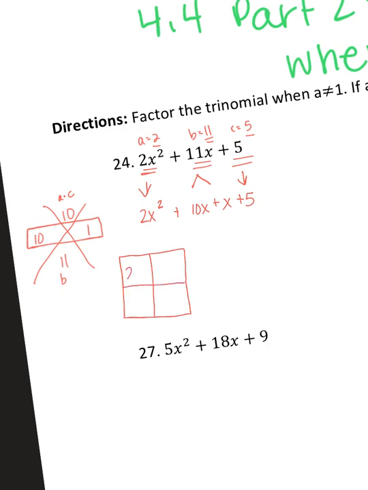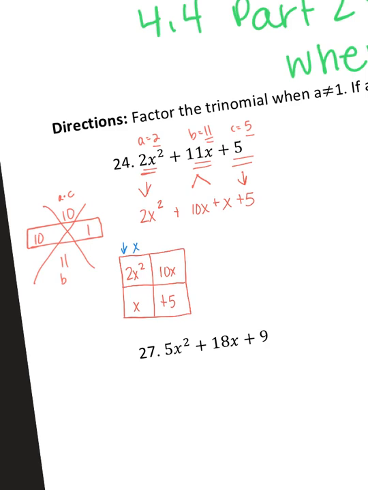So now we can fill our area model with 4 terms. In our first box, 2x squared, followed by 10x, followed by x, plus 5, okay? And then you're just going to use the GCF in the rows and the columns to factor this. So if we look at this column right here, 2x squared and x, the GCF here is x, okay?